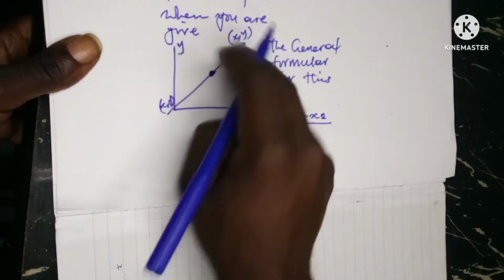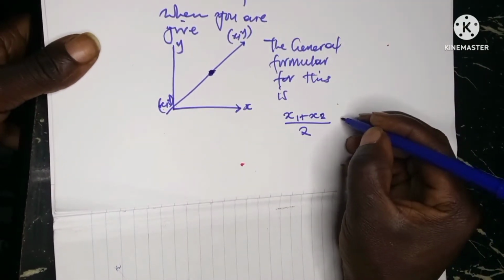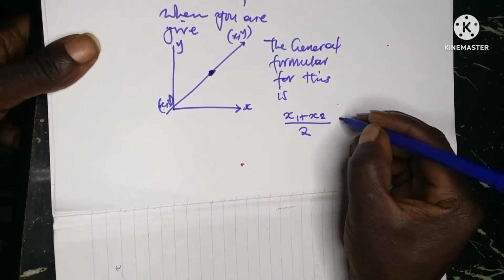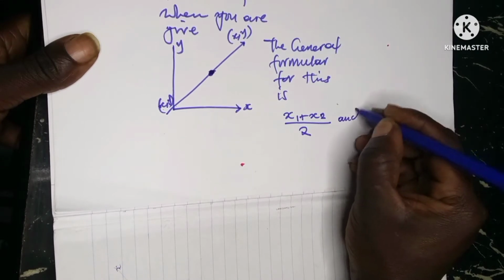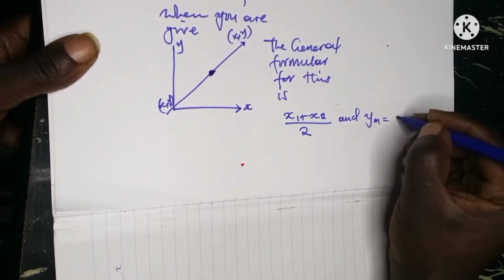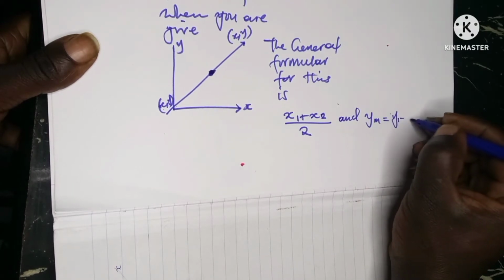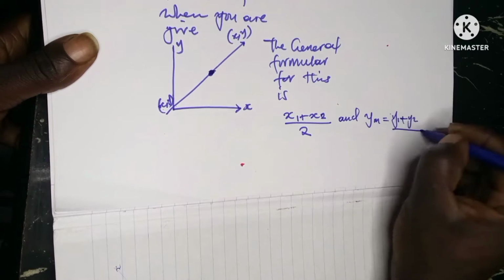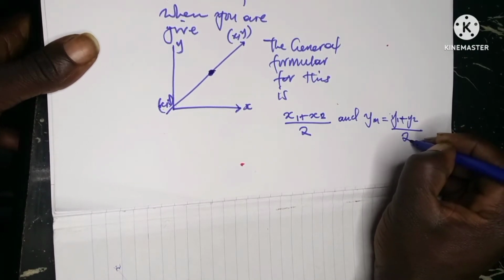So we're looking at two parts. And for y, ym equals y1 plus y2 over 2. This is the general formula.